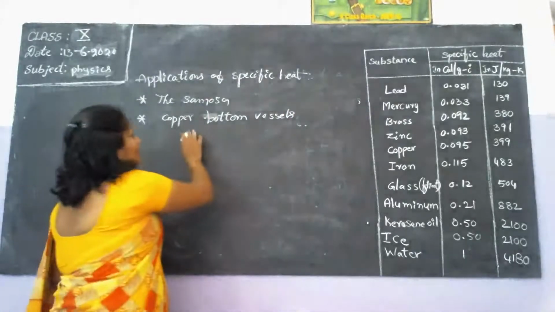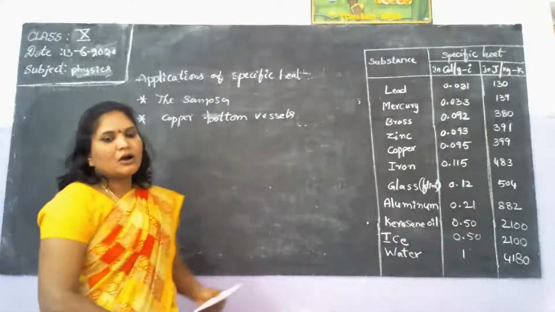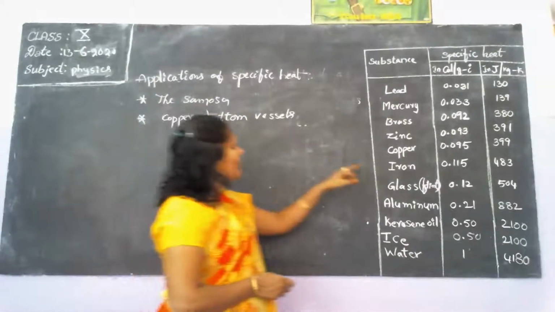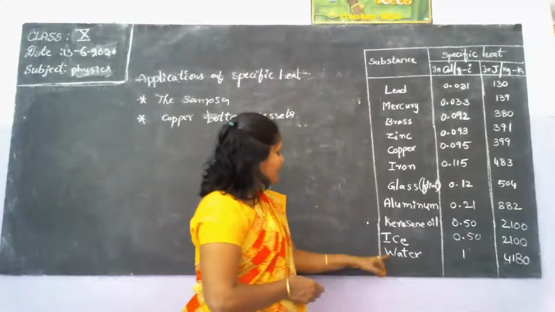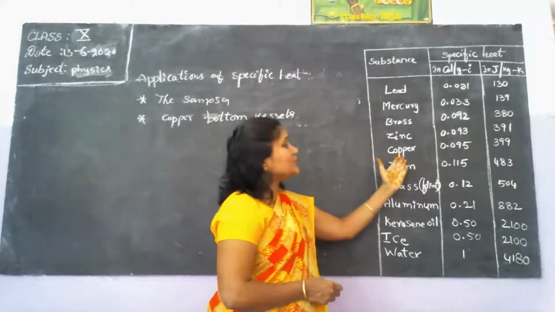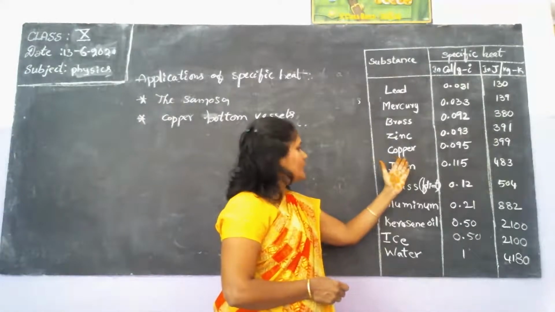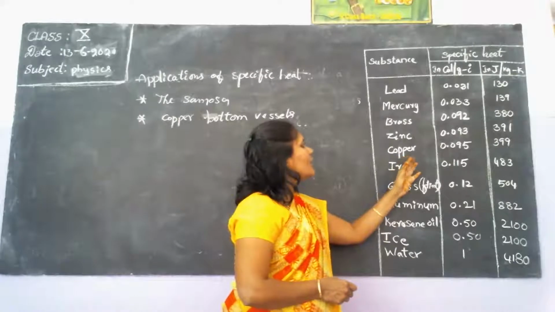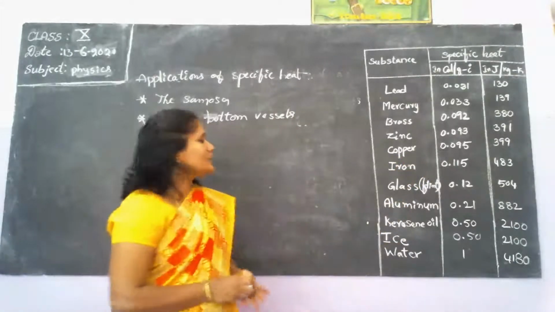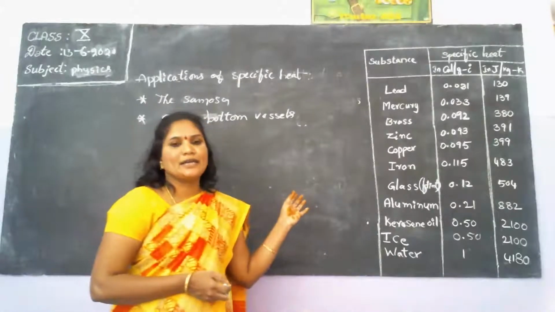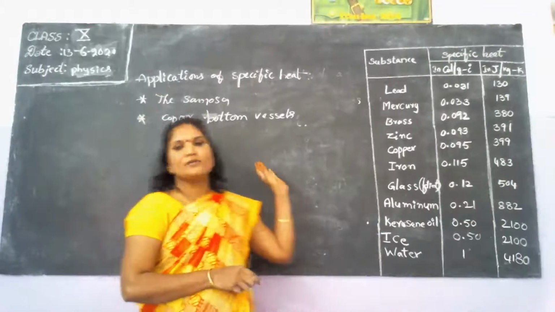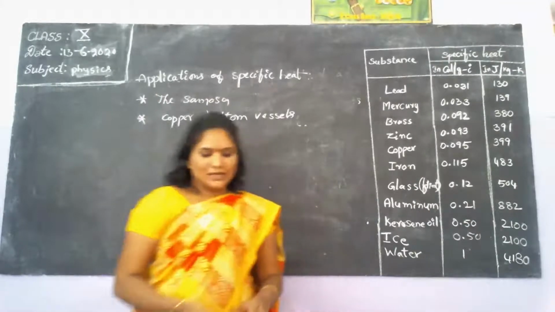For cooking purposes, we use copper bottom vessels. Why? Copper has a low specific heat compared with other substances, so it gains or loses heat very quickly. For that purpose we use copper vessels.